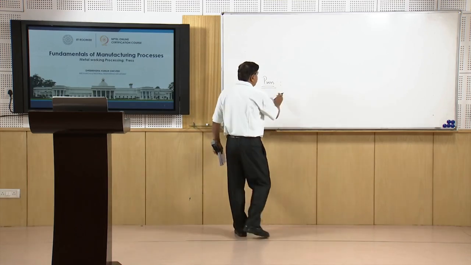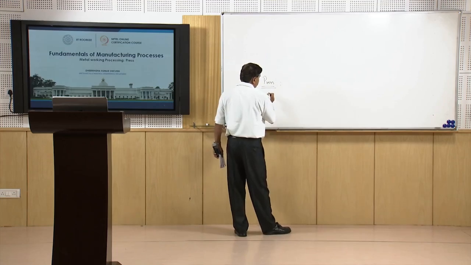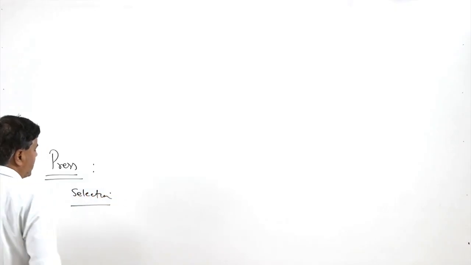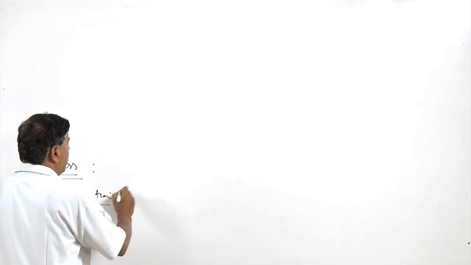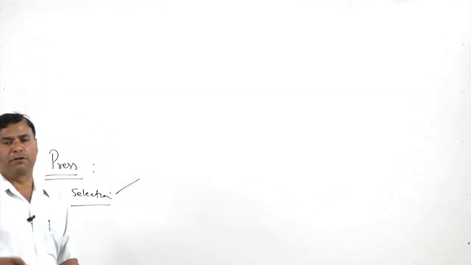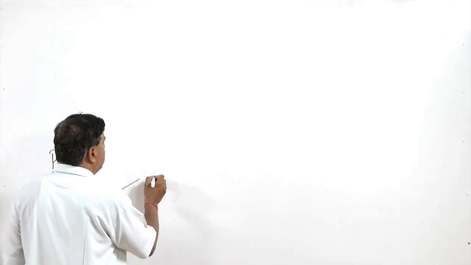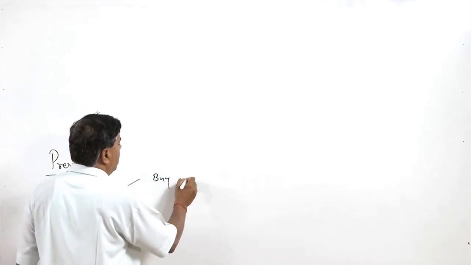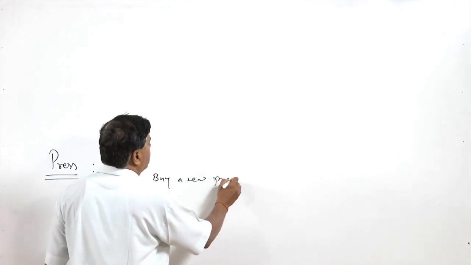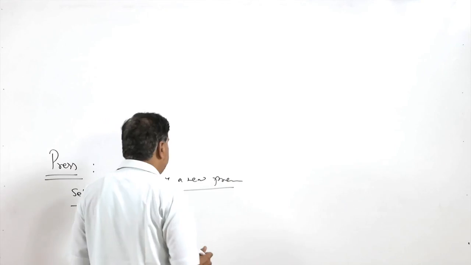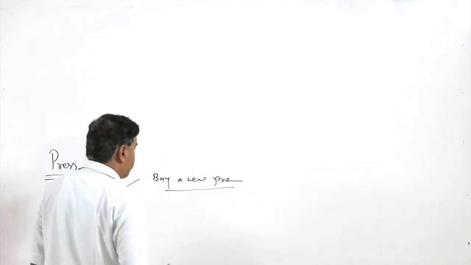Now, we will see under what conditions we need to make a selection. If we do not have a press and for a particular application we need to buy a new press, then in that case we need to choose one from the available options as per the purpose.